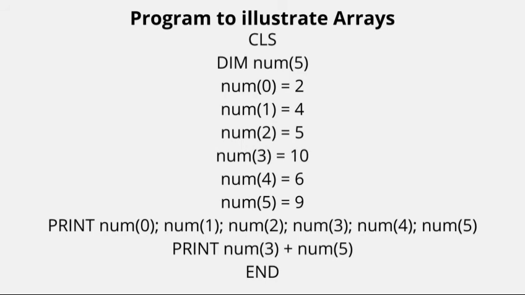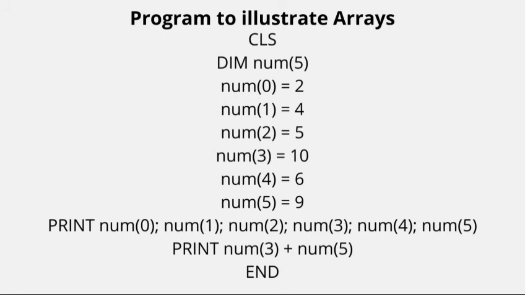A simple program to illustrate that: the syntax that illustrates an array is DIM, which means dimensions. Now the program says that the dimension is num(5), meaning the indices range from 0 to 5 for each of the rows.